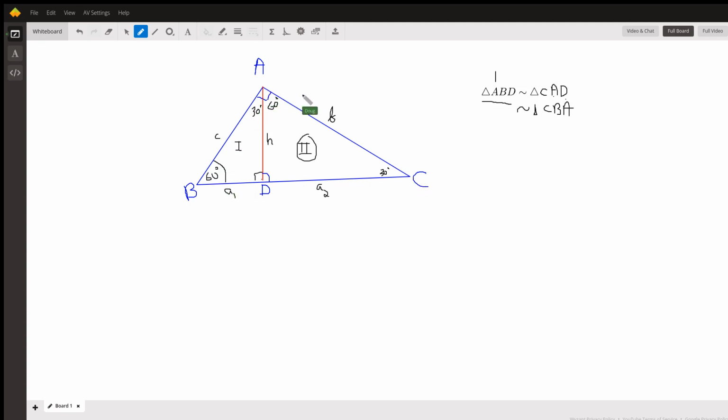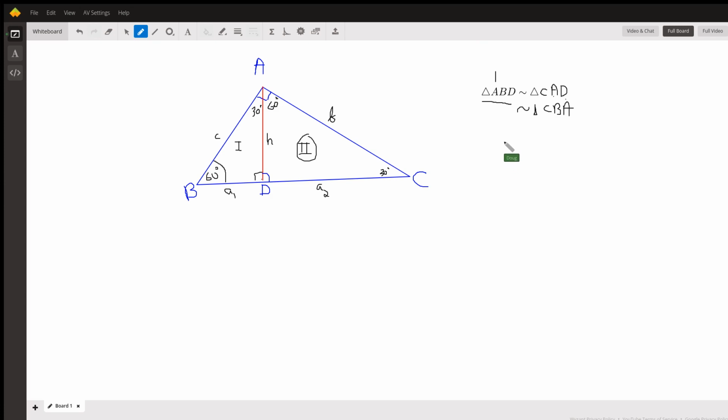CBA. Okay, I'm not sure I got that right. A is 30, and the big triangle's 30 is C. And B is 60 in both triangles.